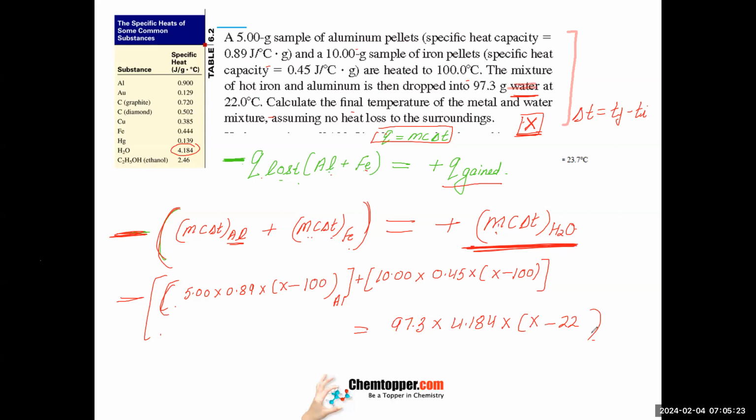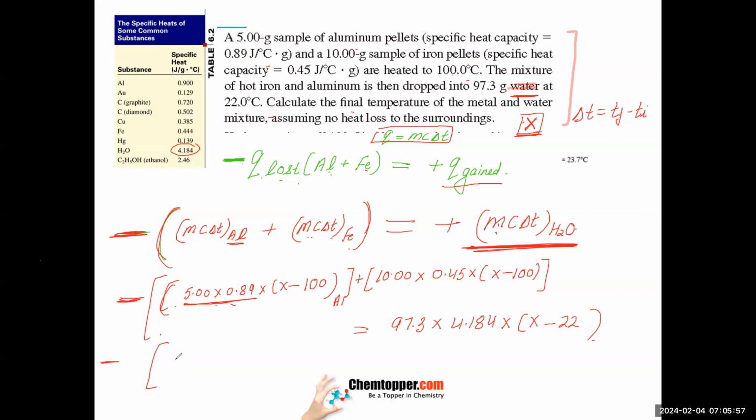Okay. Now you can see it's an algebraic equation. Solve it. Put this minus outside and solve this. How much is this? You can use your calculator. Okay, 4.45.